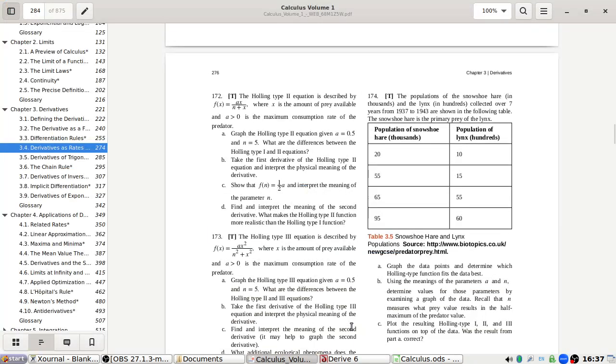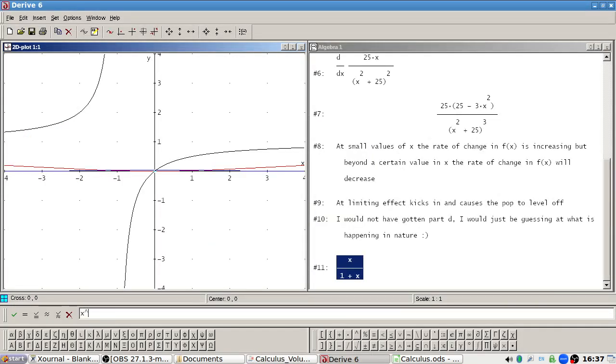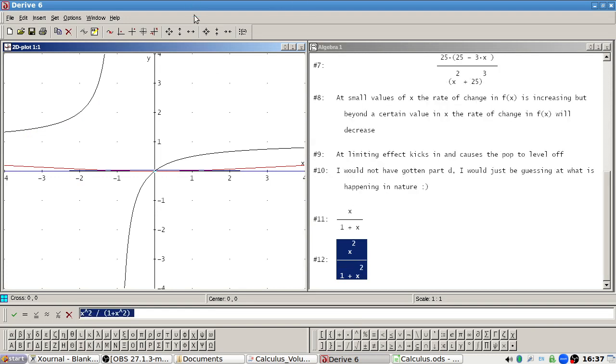Could be that one. X squared over 1 plus x squared. The difference between being initially concave or convex, huh?